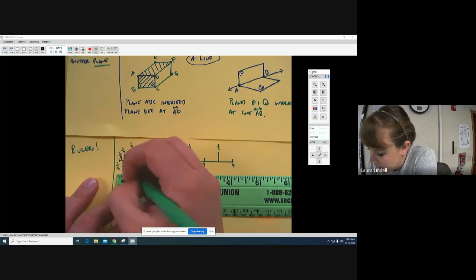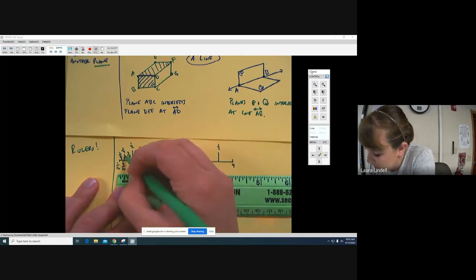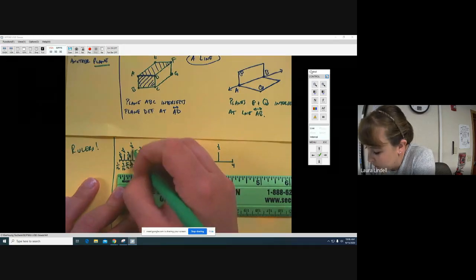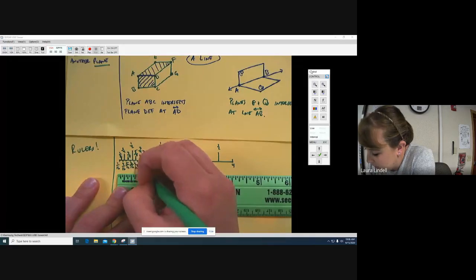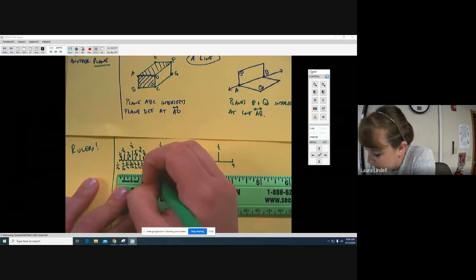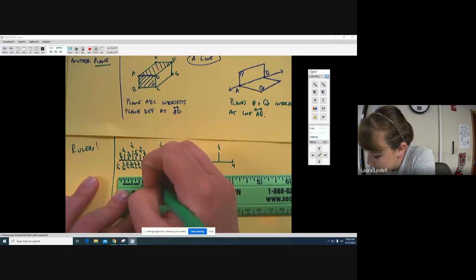It's kind of going odd numbers here. 4/16, 5/16, 6, 7/16. 8/16 is the 1/2 line. 9/16, 11/16, 13/16. And the last one is that little tiny 15/16.